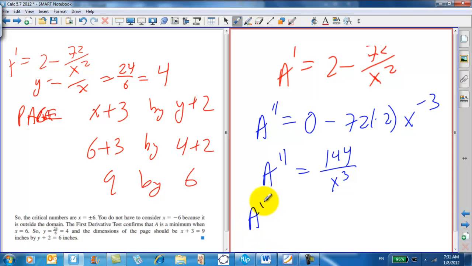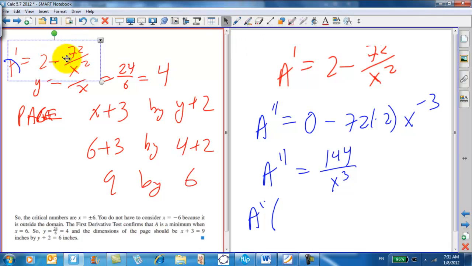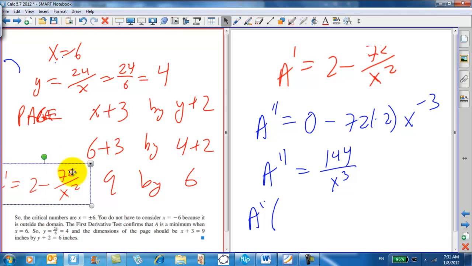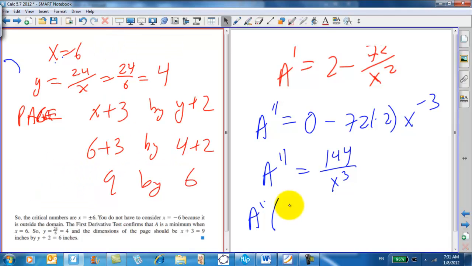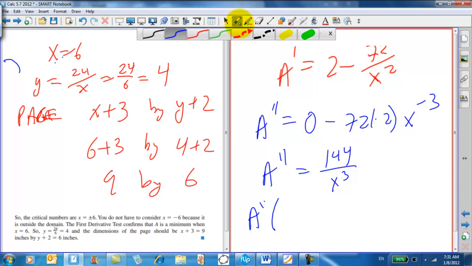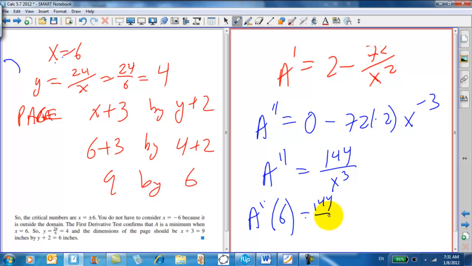And the second derivative at x equals, we came up with our answer of 6, is 144 over 6 cubed, which is positive.